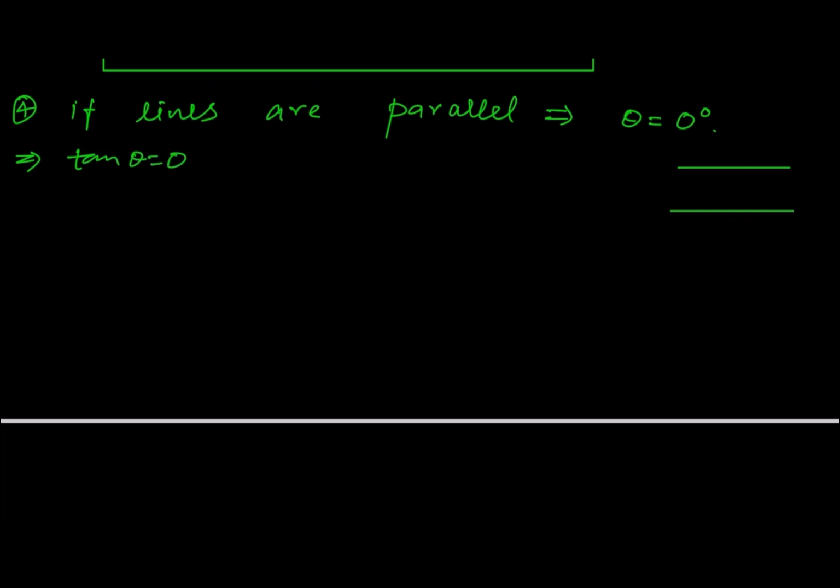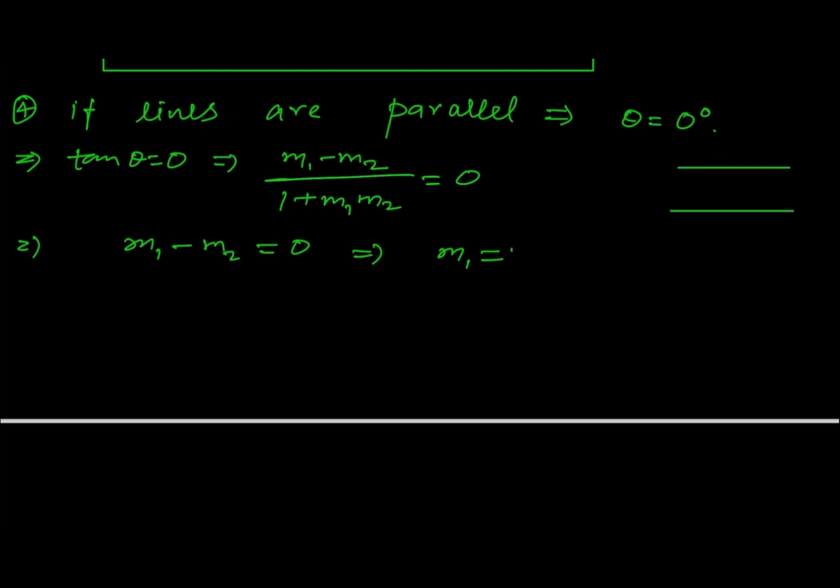Theta is 0 degree implies tan theta is 0, implies m1 minus m2 upon 1 plus m1 m2 is equal to 0, or m1 minus m2 is equal to 0, or m1 is equal to m2. Okay, means if lines are parallel then slopes are equal.